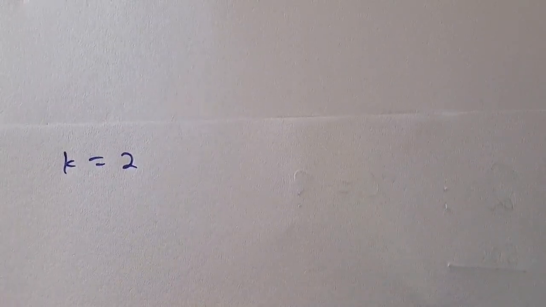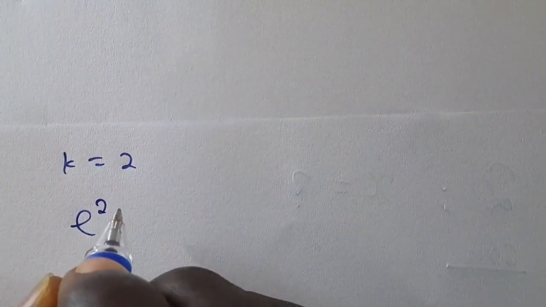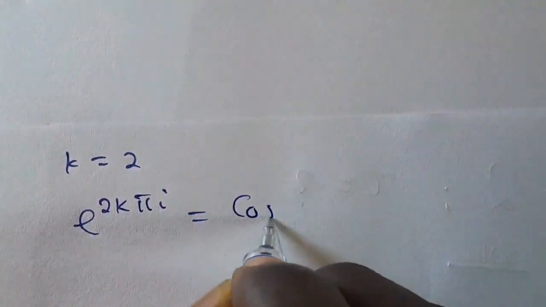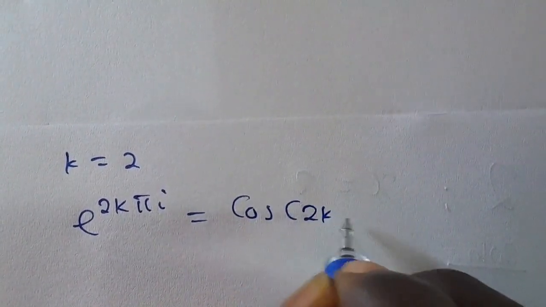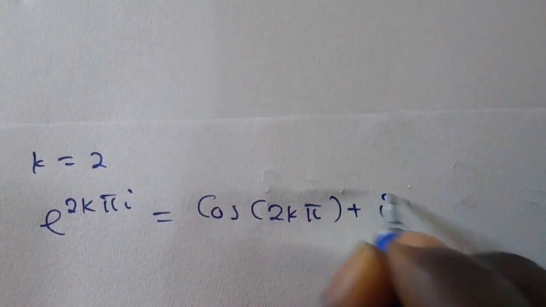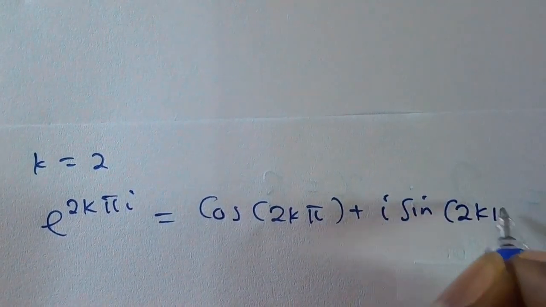Also let us check. When k equals 2, we have e to the power of 2k pi i equals cos of 2k pi plus i sine 2k pi.